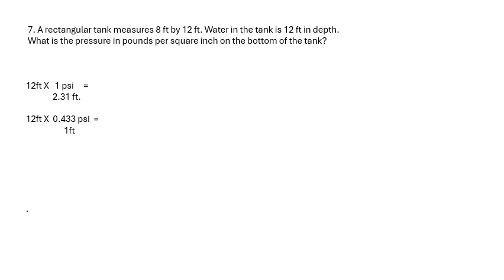Feet on the bottom. So 12 foot divided by 2.31 foot. 12 foot multiplied by 0.433 PSI. And canceling your feet out, leave you with the answer in pounds per square inch. 12 divided by 2.31 is 5.194, and 12 times 0.433 is 5.196. They're going to round. Both round to 5.2 PSI.